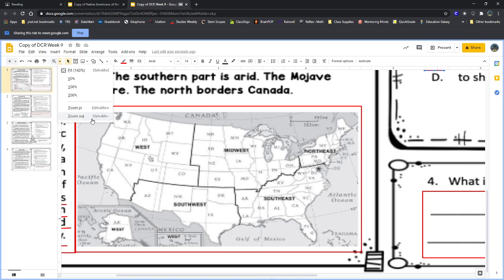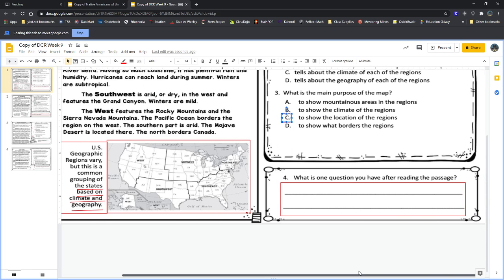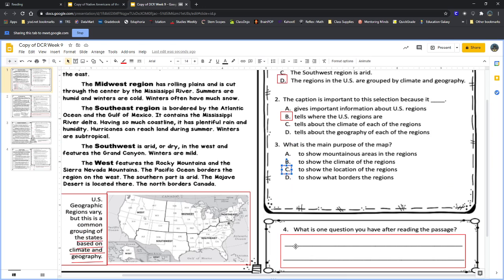Okay, last one. What is one question you have after reading the passage? So this one can be different for everybody, but who can give me a question? What's one thing that we might still be wondering about after reading this passage? What's one question we might still have? Something that you might still be wondering, or that might even still be a little bit confusing.